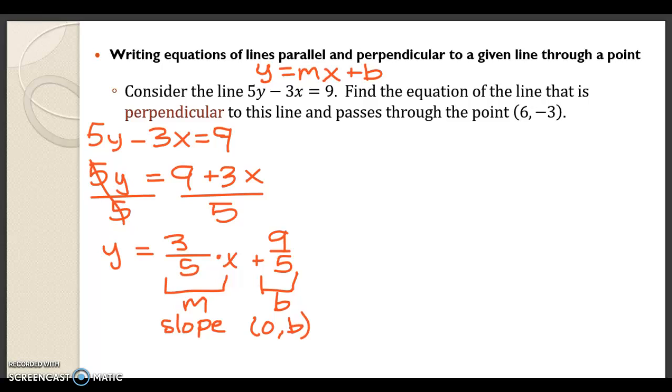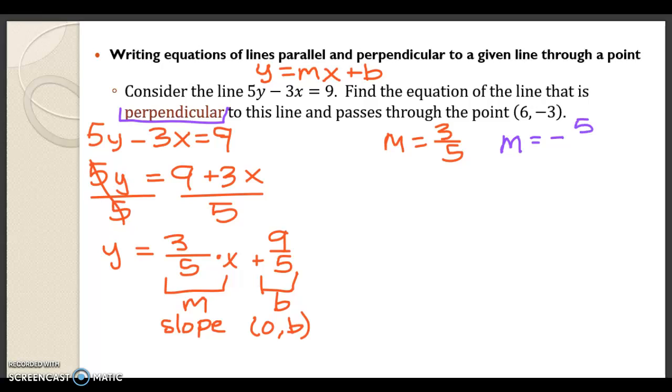But if my given line has a slope of m equals 3/5, what is the slope of the line that is perpendicular to this line? It is going to be the opposite. So this is positive, which means now we're going to be dealing with a negative slope.